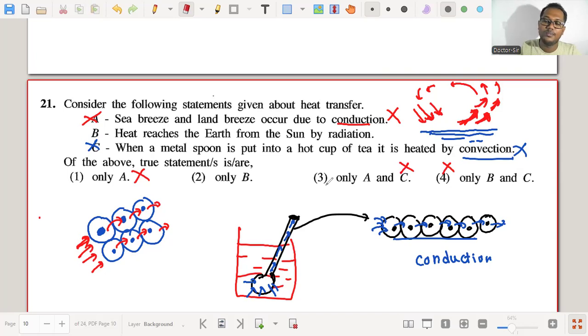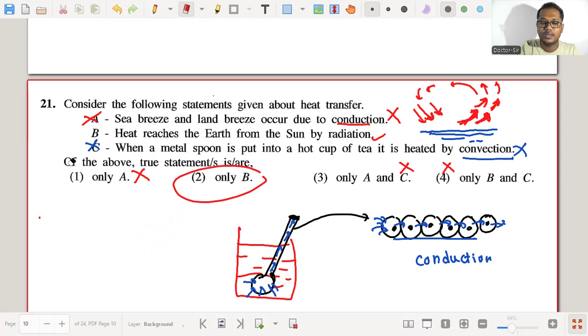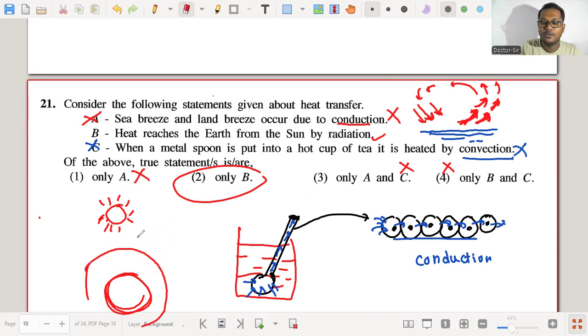So the only remaining answer is B. So it is correct. How does the sun transmit heat to the earth? It is happening due to radiation. The sun is very far away from the earth. There is no atmosphere in between, only blank space, which is called a vacuum.